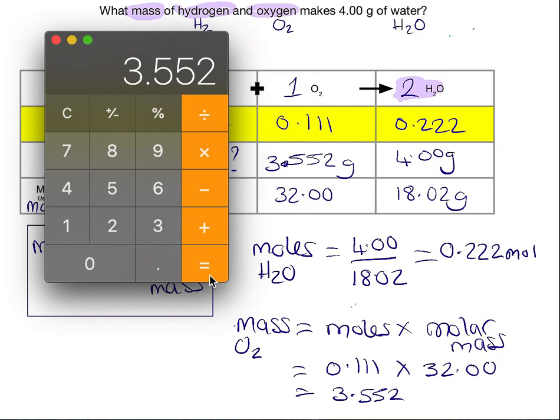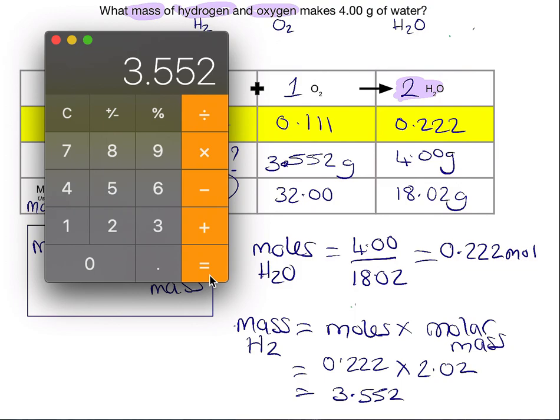So what about if we wanted to work out the mass of H2 that we need? So we use the same formula, mass equals moles times molar mass, but this time we use the moles for H2, right, which is 0.222, and we use the molar mass for H2, right, which is over here, so that's 2.02.